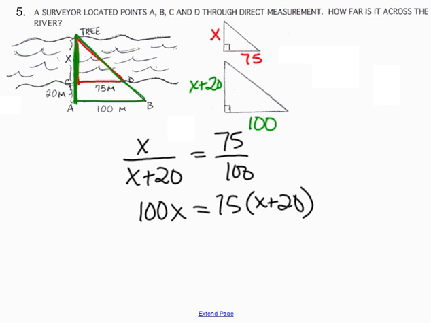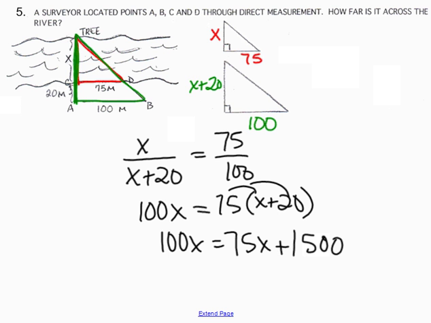All right, so 100x, distribute, 75x plus, I don't know that off the top of my head, so I have to figure it out. 75 times 20, 1,500.